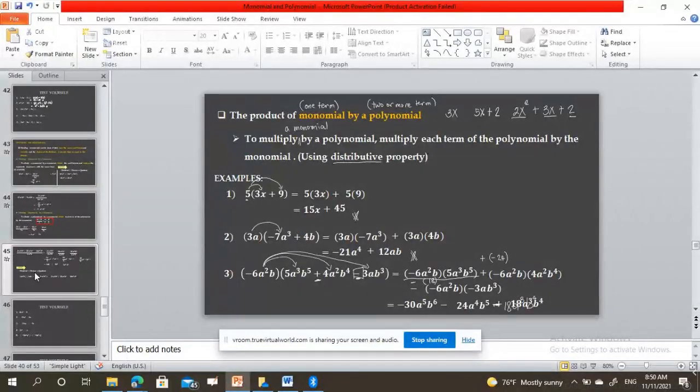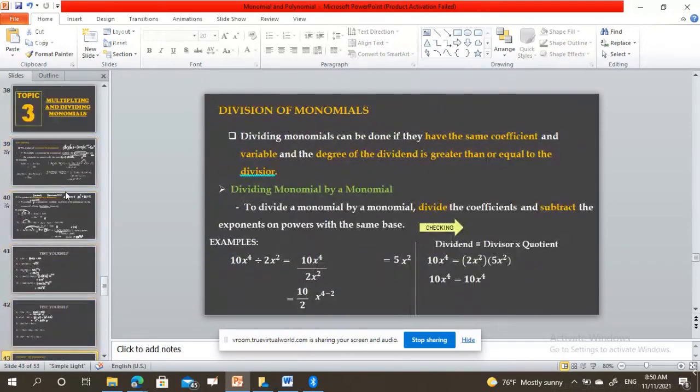By a polynomial? Ramida, can you just read? What is the rule in multiplying a monomial by a monomial? Again, this is just a quick review.